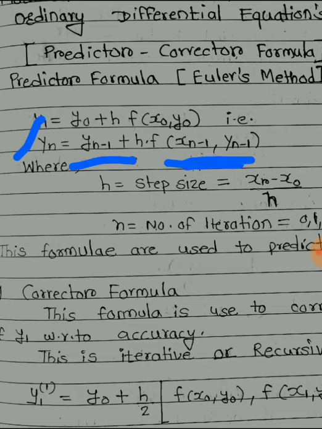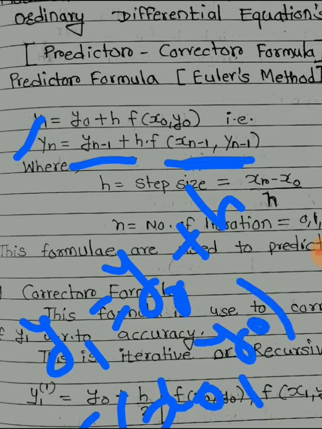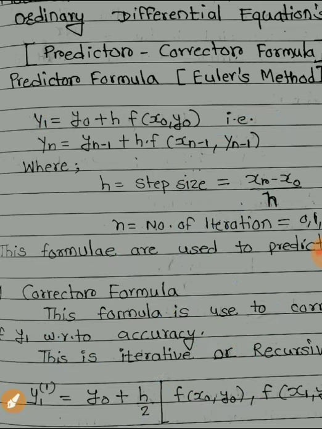With the help of this generalized formula, if I am calculating y1, then n minus 1 becomes 0, so y0 plus h into f of x, n minus 1 meaning 1 minus 1 which is 0, comma y0, and that is how the previous formula was derived.